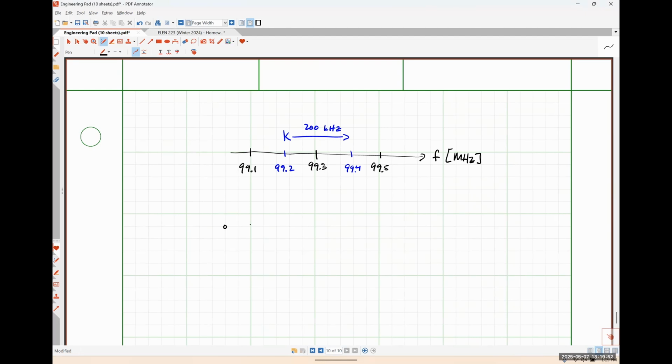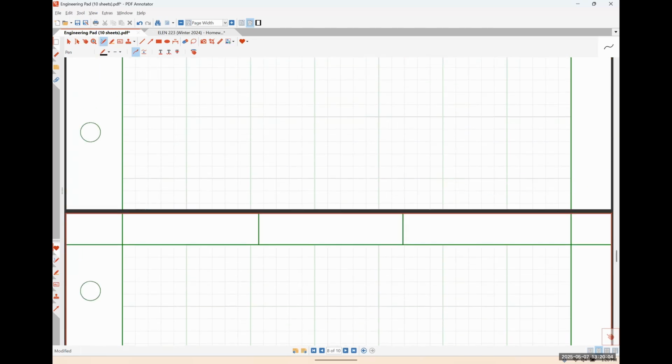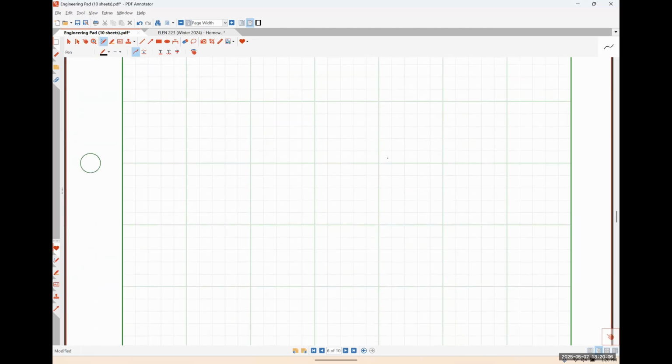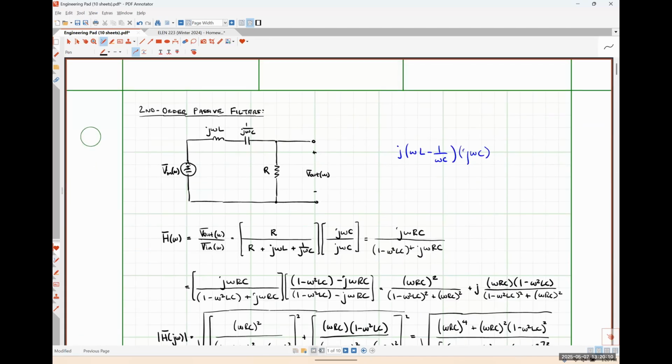So are you asking what would happen if we put something else in parallel? Okay, let me scroll back up here. So you're saying, oh my goodness, what would happen if we put a resistor right here?